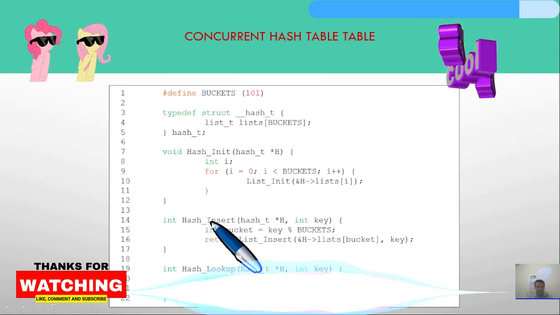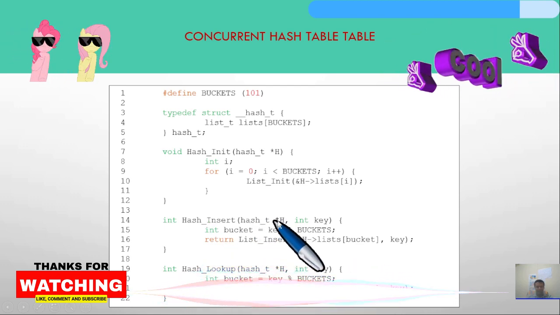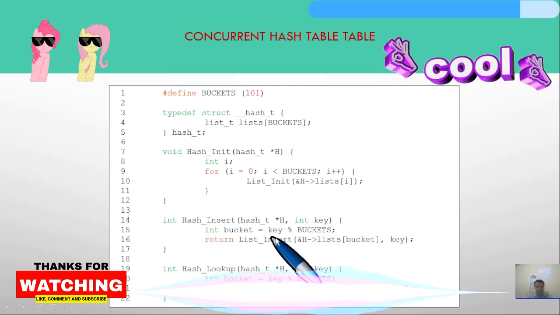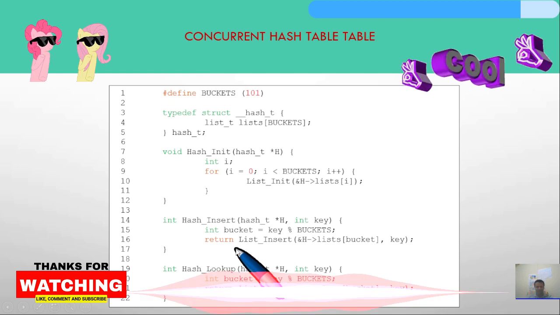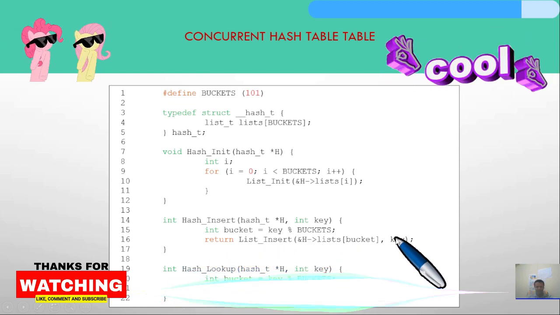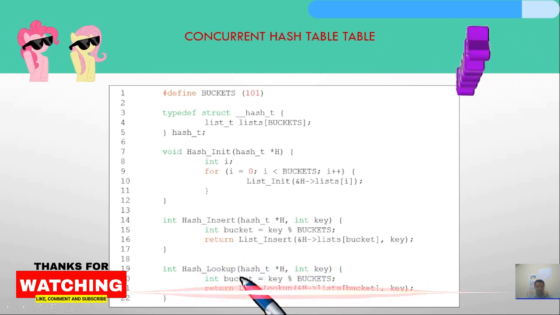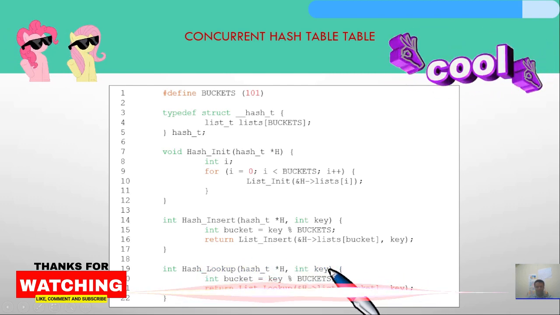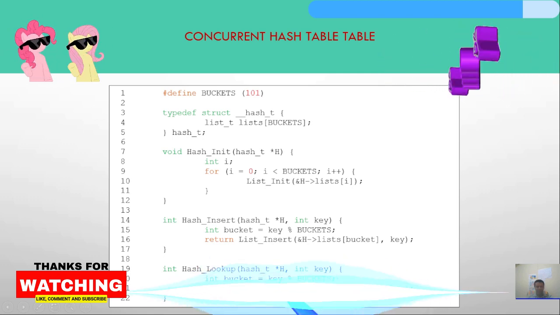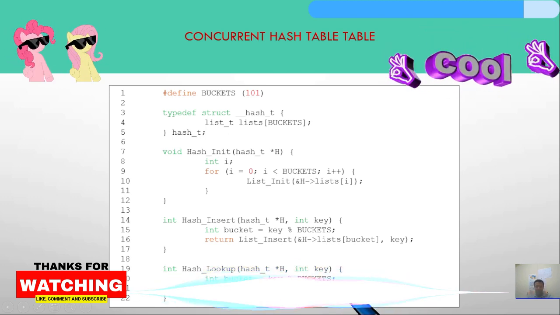In the hash insert, we have hash_t and the pointer ht, then the key and the bucket, and return the list insert with the bucket and the key. Then in the hash lookup, we have the pointer and the bucket and return the list lookup with the list bucket and the key.